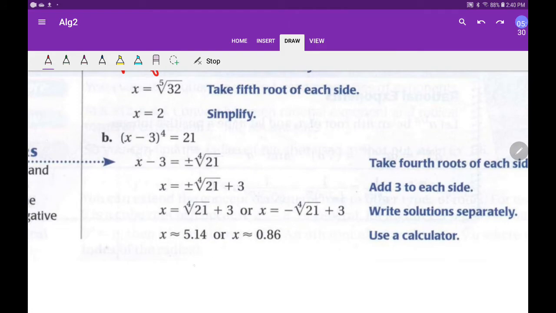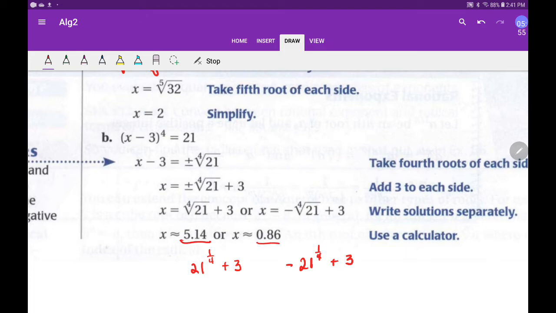Well, I would say 21, just like I did up there, 21 to the 1/4 power, right? Okay. And then I'd add 3 to that. And over here I'd say negative 21 to the 1/4 power, which means I'm going to do this first, and then it's going to be negative. And then plus 3. So they get a couple answers.